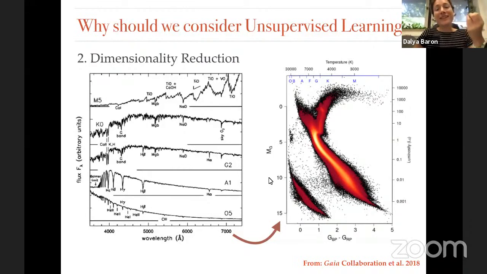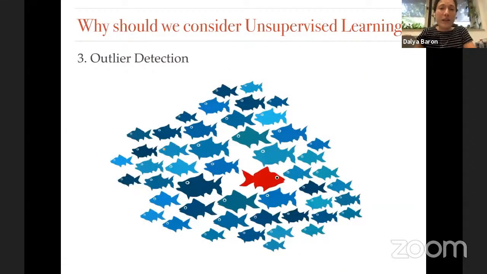And if in the start of the 1900s, the scientists that had these spectra had the dimensionality reduction algorithms we have today, they would have obtained the HR diagram much faster, and they could learn about physics of stars faster. Outlier detection, I think it is self-explanatory. Outliers are new anomalous phenomena in our dataset, and they can teach us something new about our datasets.